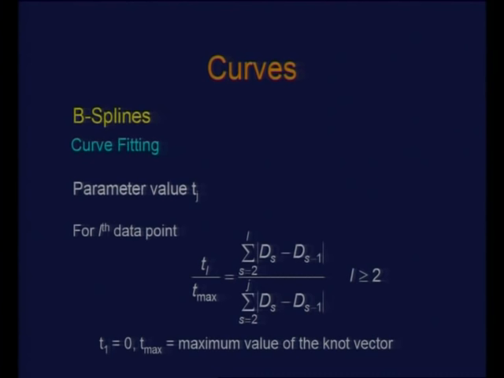So, this way we can obtain the interpolating B splines passing through given data points.